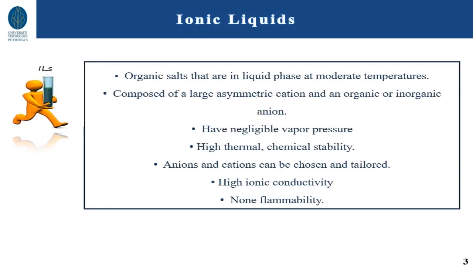We know that ionic liquids are organic salts that are liquid at moderate room temperature, composed of large asymmetric cation and organic or inorganic anion. They have negligible vapor pressure, high thermal and chemical stability. Anion and cation can be chosen and tailored, with high ionic conductivity and non-flammability. These are the basic properties of ionic liquids.